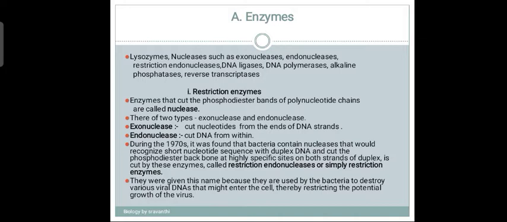Later on, in 1970, it was found that bacteria contain a nuclease that recognizes a particular short nucleotide sequence in the DNA strand. The enzyme that identifies and cuts the DNA strand at that place is known as the restriction endonuclease.